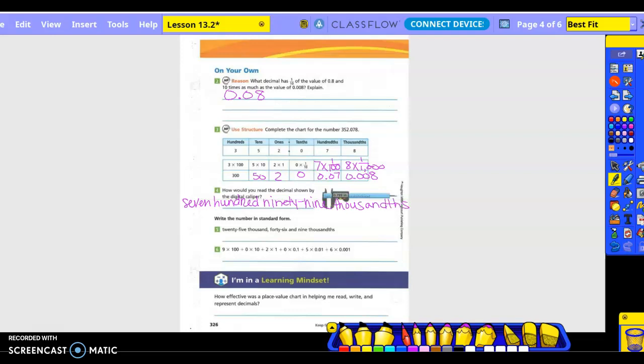Okay, write the number in standard form. 25,046 and 9 thousandths. So how do I write that? 2, 5, comma, 0, 4, 6, decimal, and then 9 thousandths is what? 0. Oh, hold on.